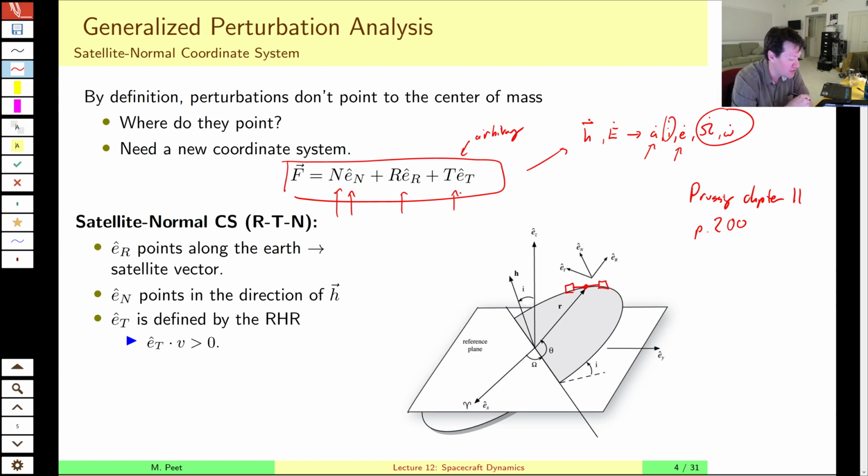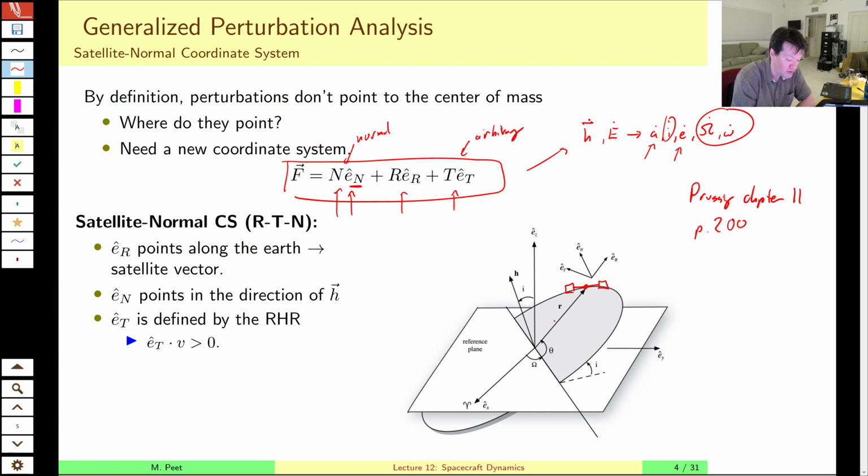So what are these R, T, and N? The letters are somewhat evocative, so they're hopefully easy to remember. N is for normal, meaning orthogonal, not normal as in that's my normal thing I do. So the e hat N unit vector is the one that points out of the orbital plane.